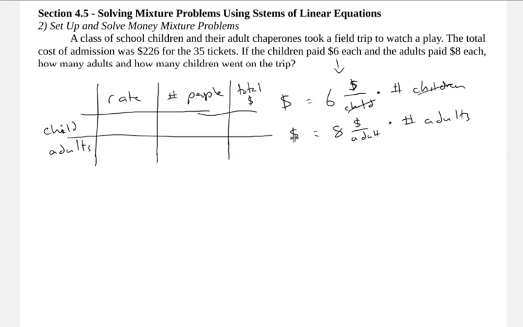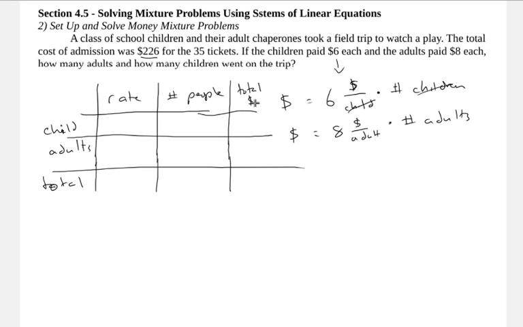I'm setting up the chart, again, just to keep track of all the different variables and keep everything straight. The total cost of admission was $226. So I'm reading through and trying to figure out if I can put any values in here. The total cost of admission is $226. That doesn't fit in this chart, but it might be helpful to have a third row to talk about totals.